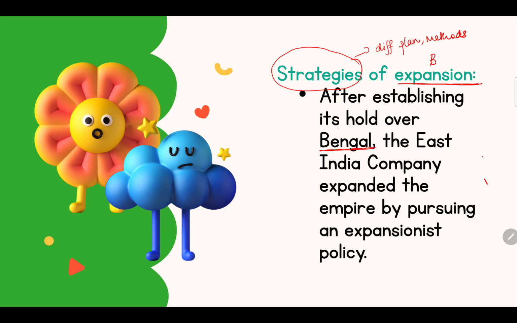After establishing its hold over Bengal, the East India Company expanded the empire by pursuing an expansionist policy. Expansionist policy means expanding their power and hold by using different methods.